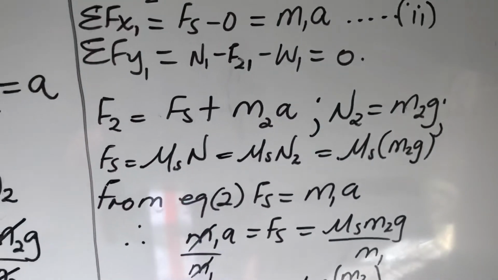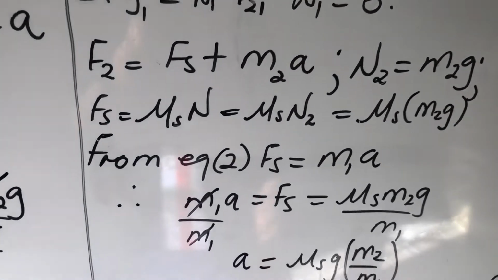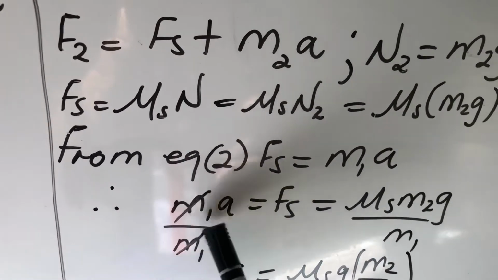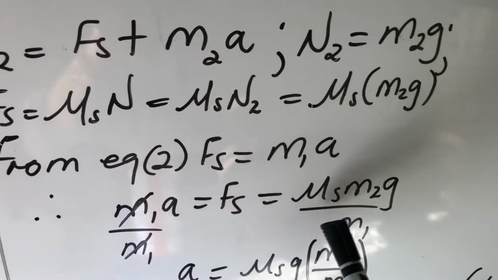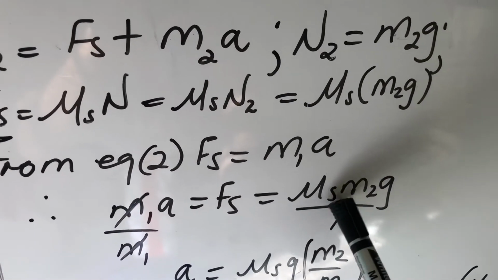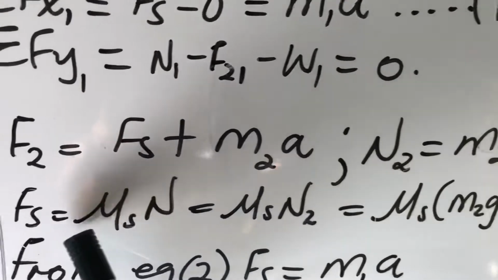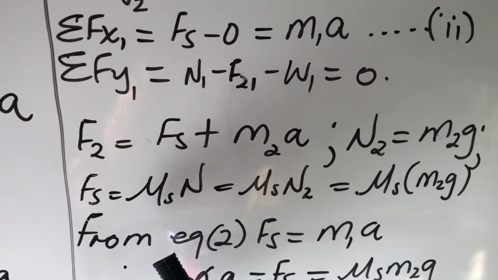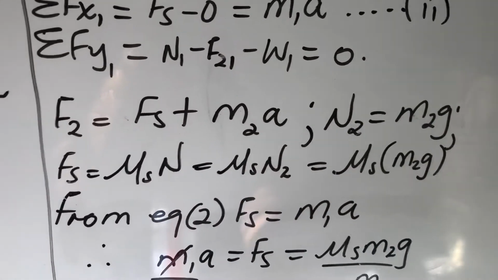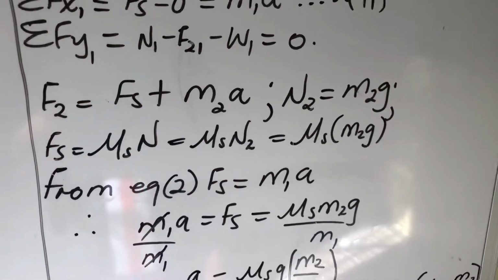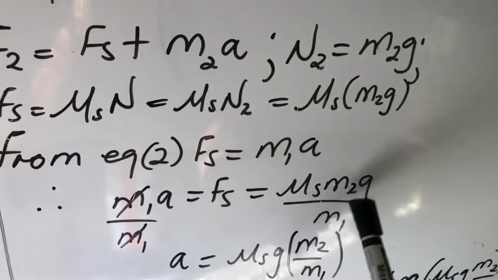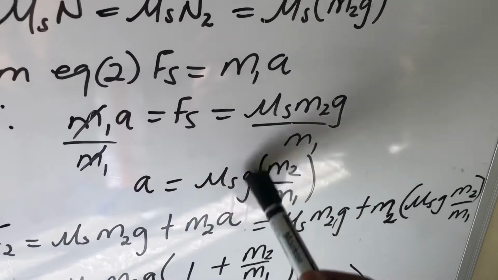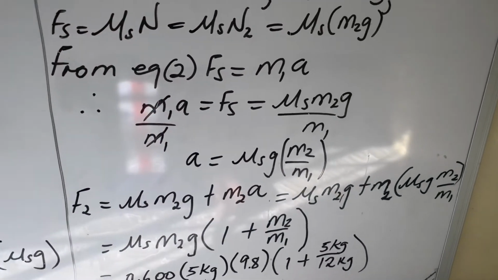So you can equate these two to find the value of A. Since M1A is equal to Fs, which is also equal to mu s M2G, we can equate these two values of Fs to get the value of A. If I divide both sides by M1, my A is going to be equal to mu s g M2 over M1.